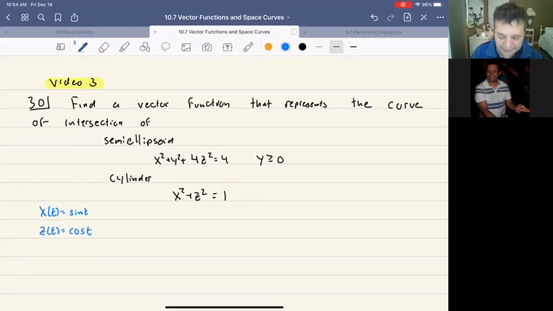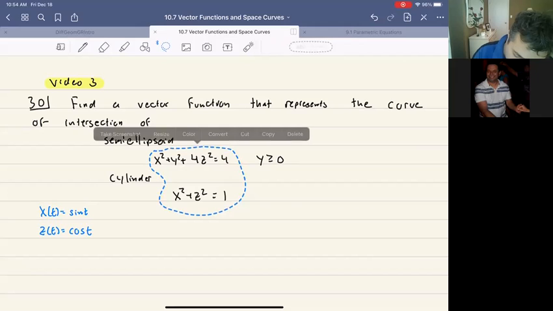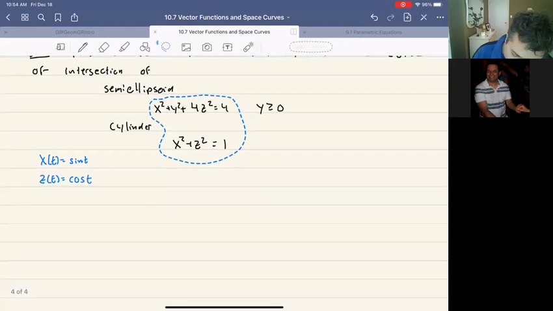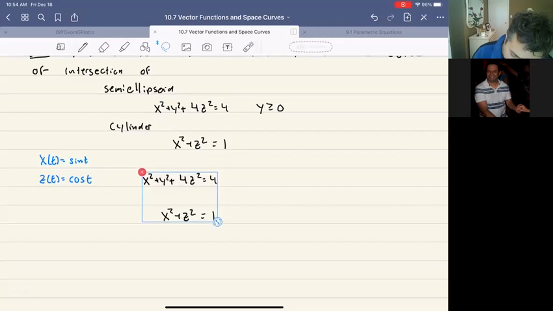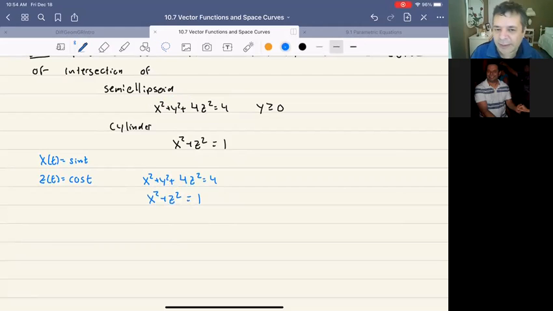Taking these together, I'm going to insert this into the ellipsoid equation. If I do that, what am I left with? Well, y squared plus 3z squared equals 3.